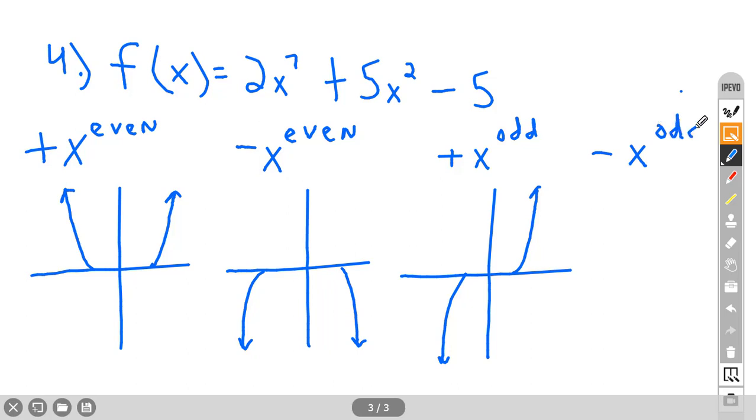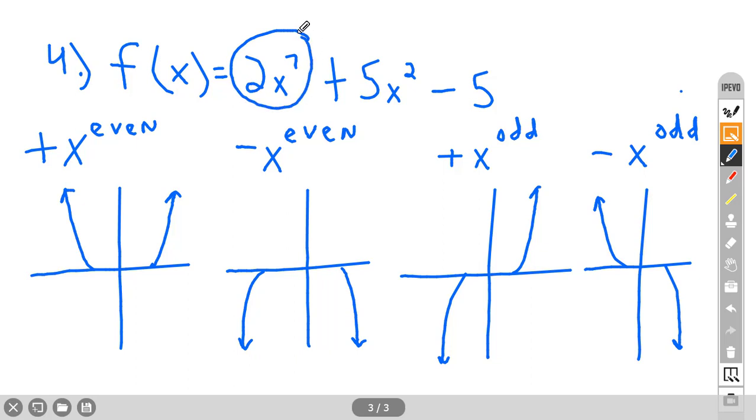And then a negative x to the odd power, its endpoints are going to be going up on the left and down on the right. So to identify the behaviors, I always look at the very first term. This is what is known as the leading coefficient.